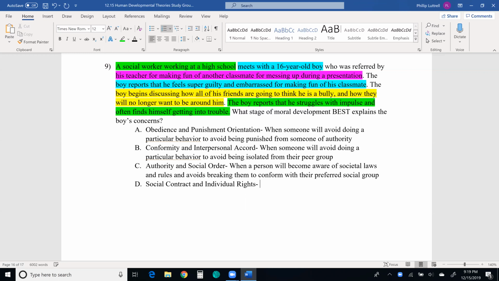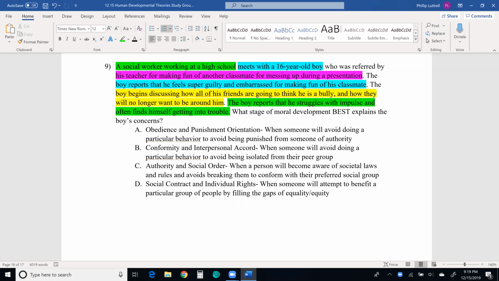And then social contract and individual rights is when someone will attempt to benefit a particular group of people by filling the gaps of equality or equity in some way. So if something's not how they want it to be, they'll look back and change it.